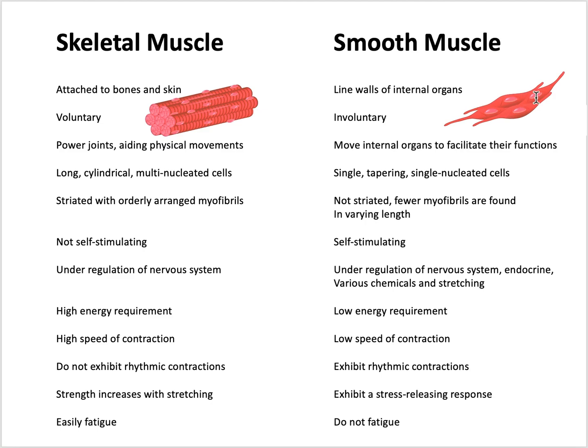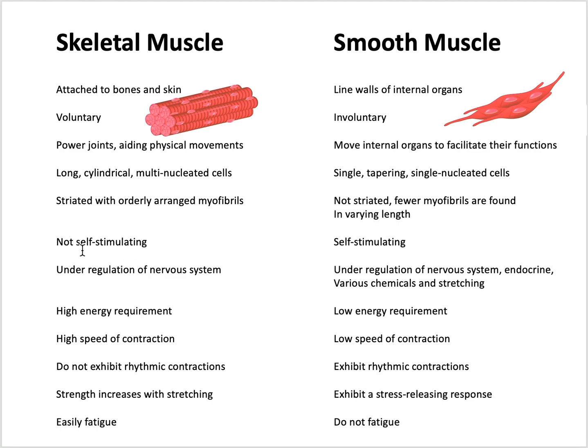They have a spindle shape, with a larger middle portion and tapering ends, and each cell contains a single nucleus. In skeletal muscle, you have striations because of the arrangement of actin and myosin in those sarcomeres, which you learned about. Whereas in smooth muscle, we still have actin and myosin. Those are myofilaments required for muscle contraction, but they're not arranged in sarcomeres, so you do not get that striated appearance, hence why it's called smooth muscle.